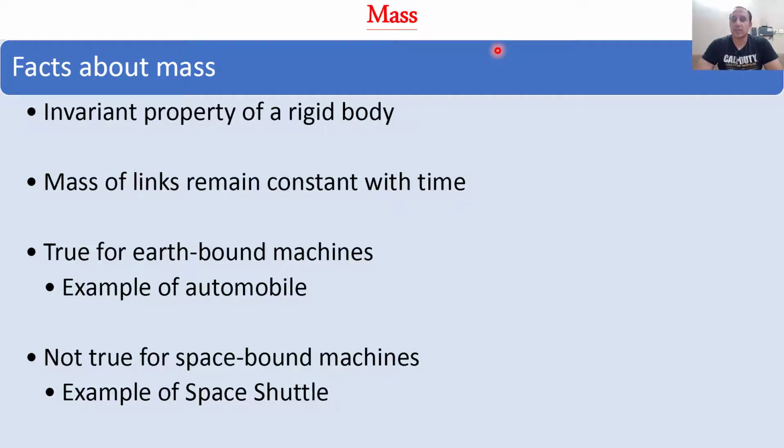So this is a type of machine in which we cannot assume the mass of the system to be constant. Since we are going to talk about machines which are used on the earth, we are assuming that the mass of those machines or parts is going to be a constant parameter.